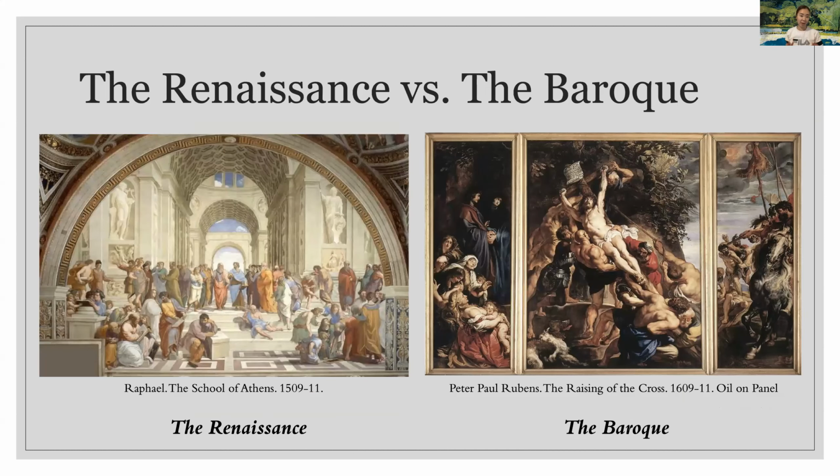Now let's see paintings. The left one is Raphael's The School of Athens of the Renaissance. And the right one is Peter Paul Rubens' painting, The Raising of the Cross, of the Baroque era. Can you see the difference?